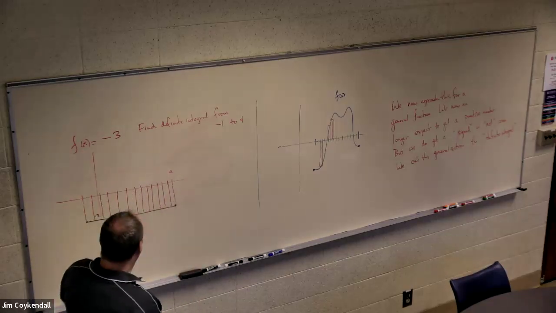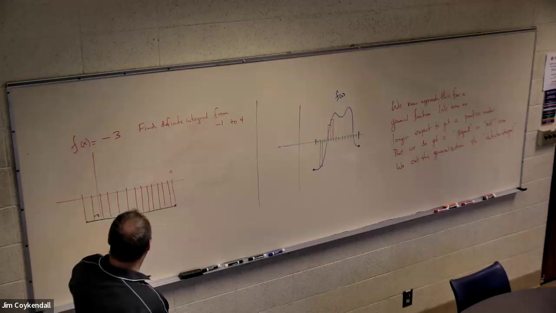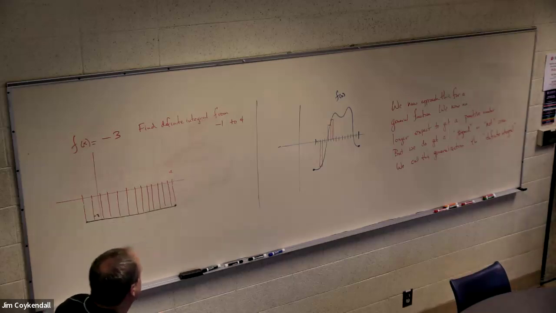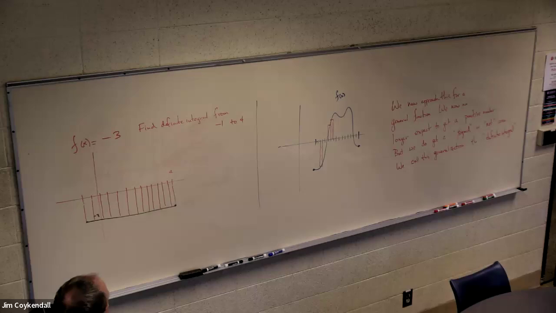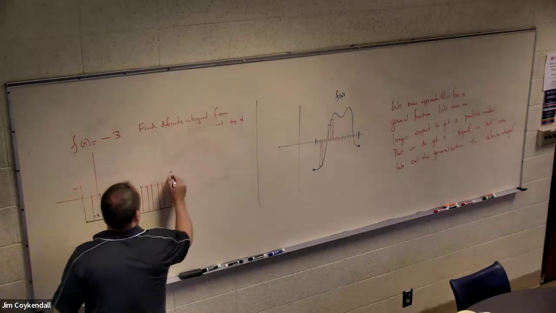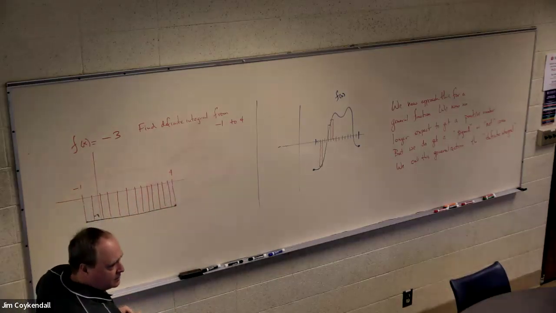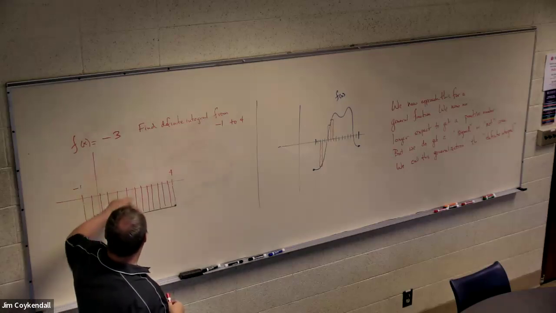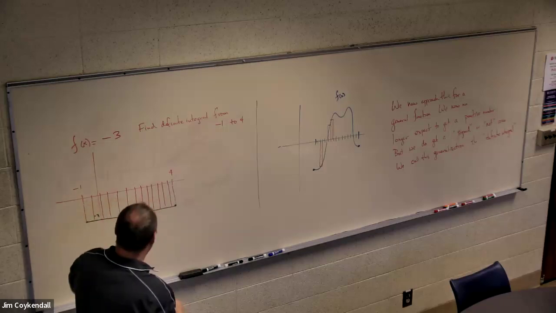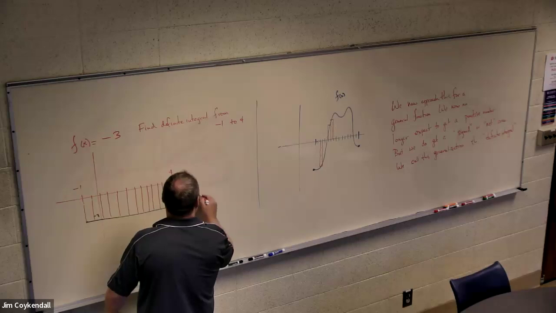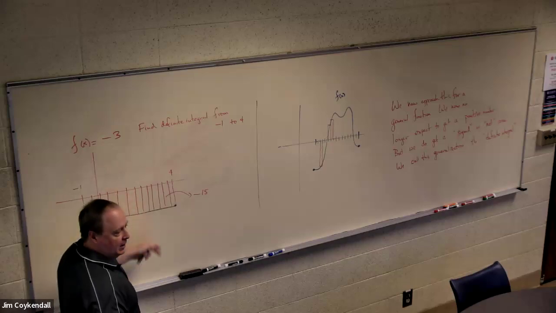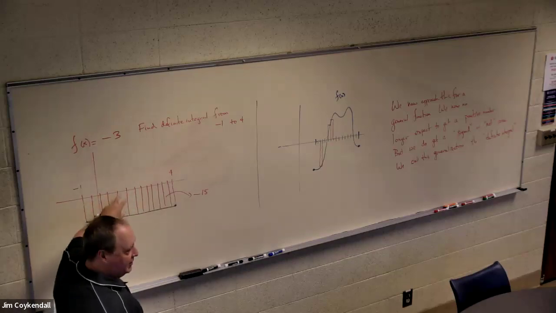Make those boxes smaller and smaller, and basically you get the same answer. So how wide is it? There you go. This should be negative 15, because the area of that box is 15, and it's hanging below the x-axis. The heights of the boxes are all negative.